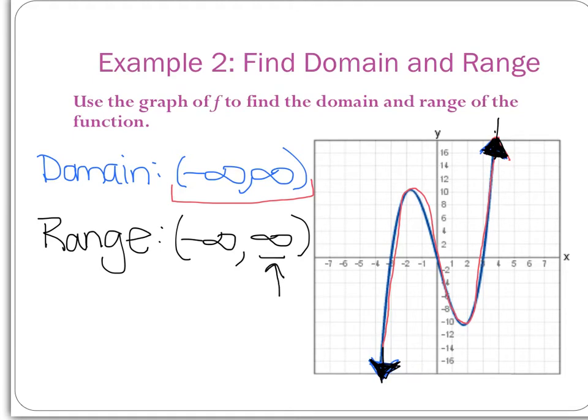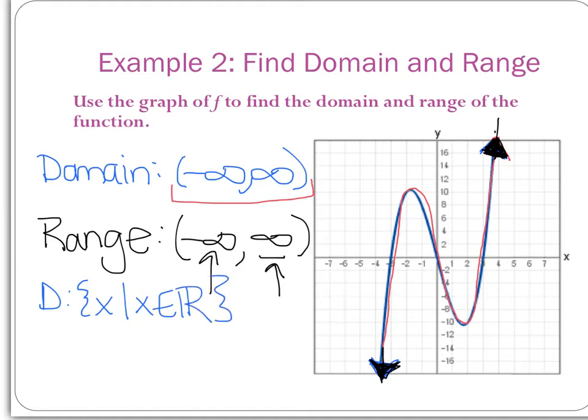This tells me my function's increasing to the right, and if I was moving toward the left, the graph would be moving downward towards negative infinity. If I were to write these domains and ranges in set builder notation, both the domain and the range, because it's negative infinity to infinity, would be the set of x such that x is an element of the real numbers.